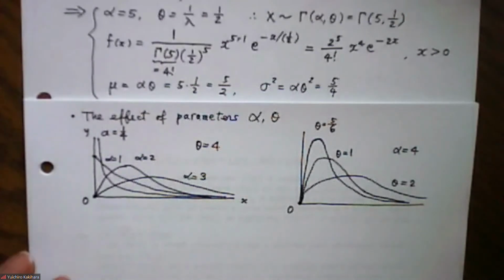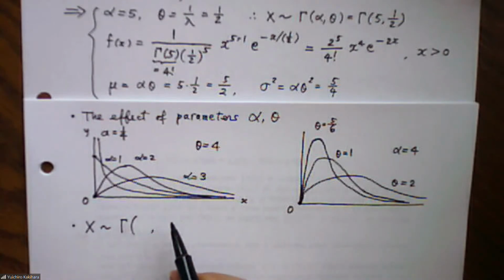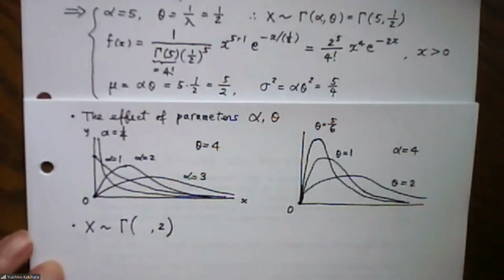It is defined by X being subject to the gamma distribution with theta fixed at 2. This is a condition: theta must be equal to 2, and alpha must be a multiple of 1/2. It cannot take any number, but a multiple of 1/2.